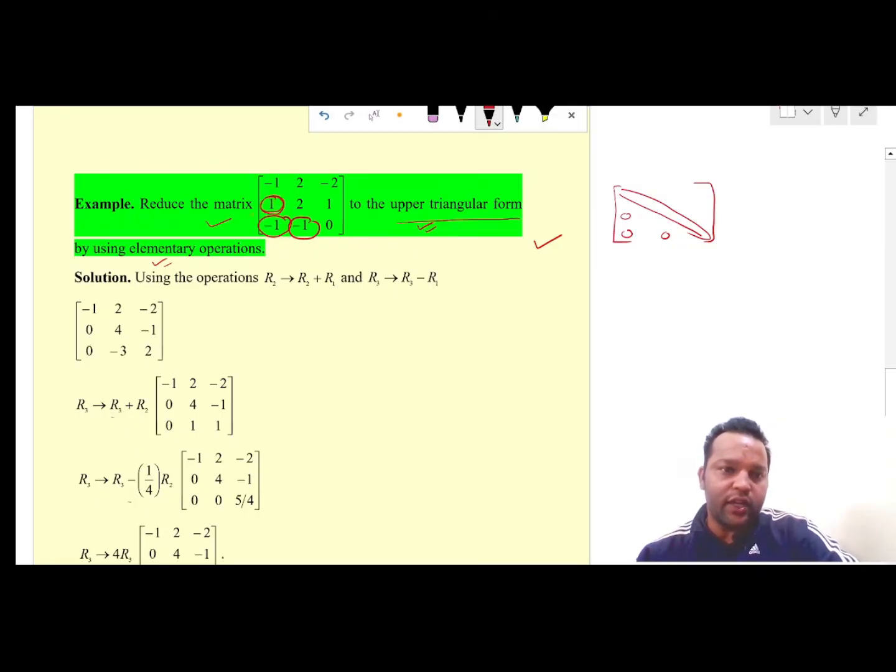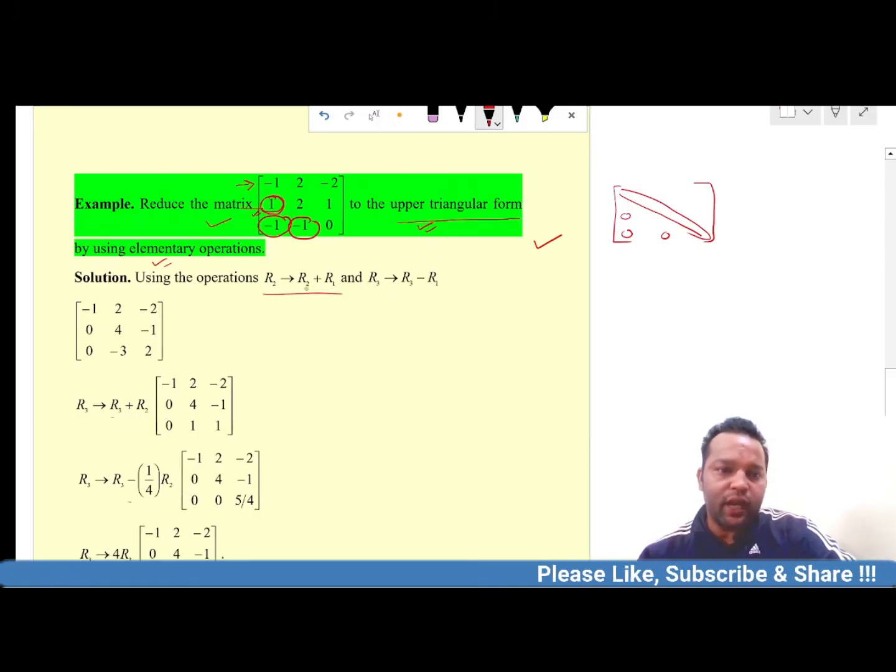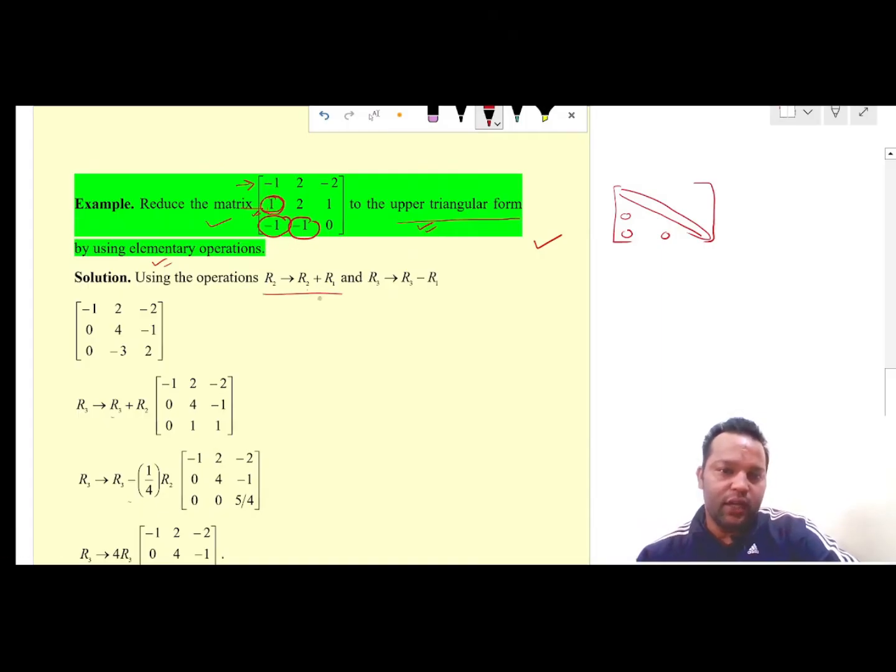First, in order to reduce this entry 1 into 0, we use this row. The corresponding operation is that the second row is replaced by R2 plus R1. It means we add these two rows, and this is our third elementary operation, in which we add a scalar multiple of any row to the corresponding elements of any other row.